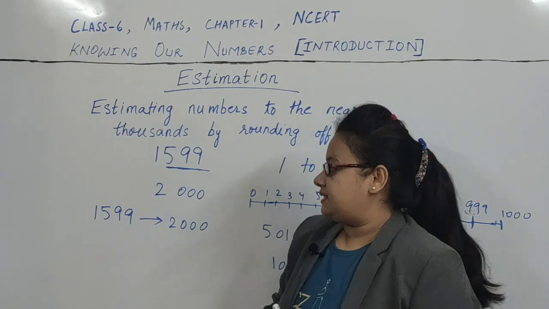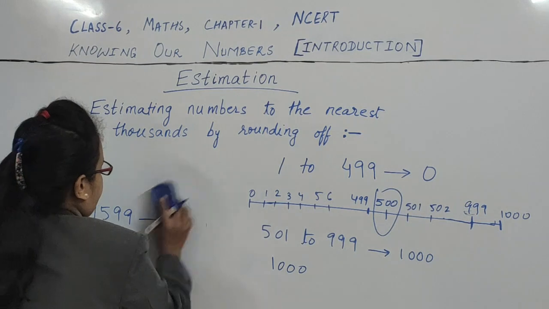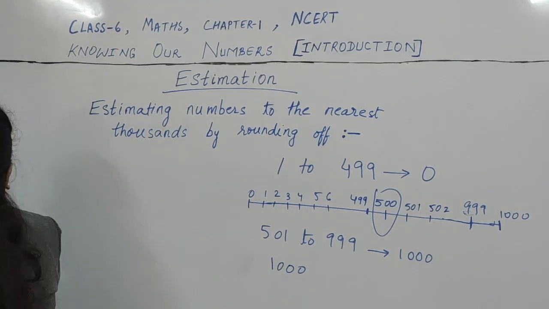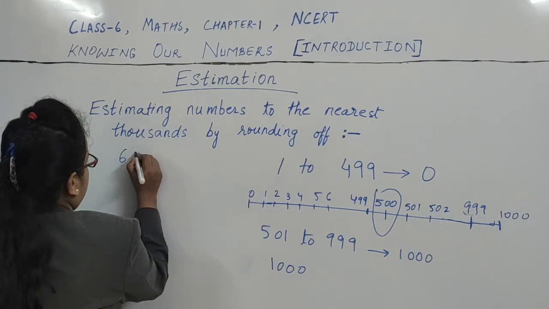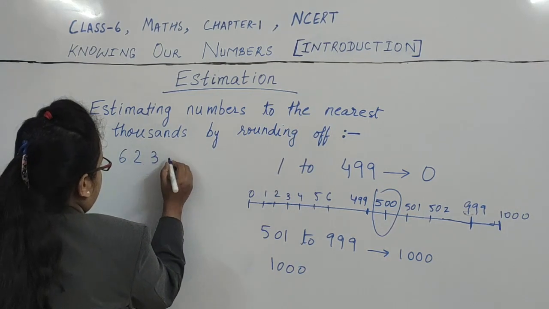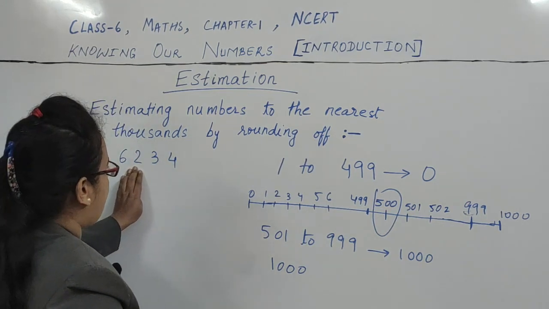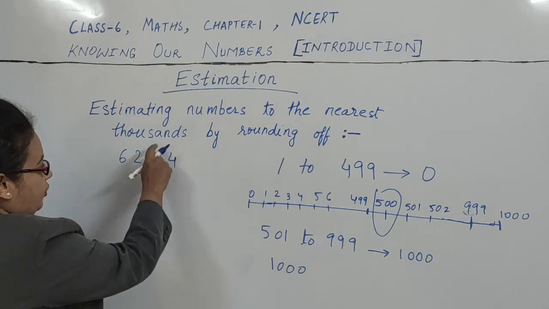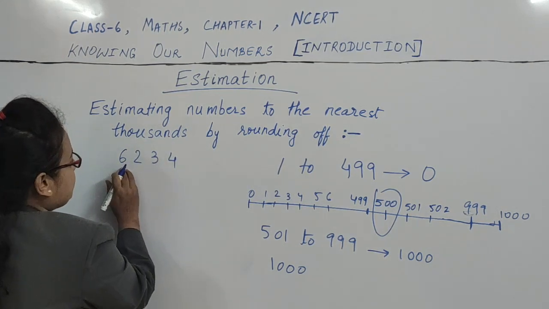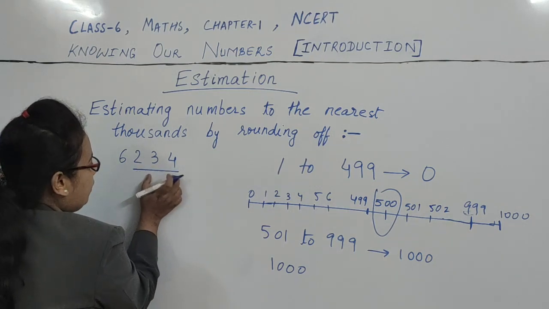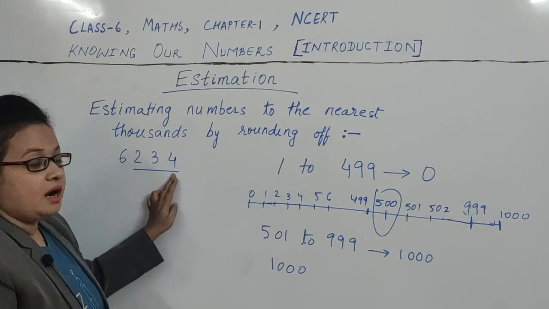Okay, now let us take one more example. This is the number 6234 and we have to round off this number to the nearest thousand. Ones, tens, hundreds and thousands. We will look at the digits before the thousands place. Before the thousands place we have 234.